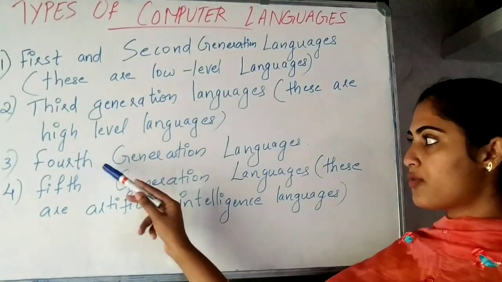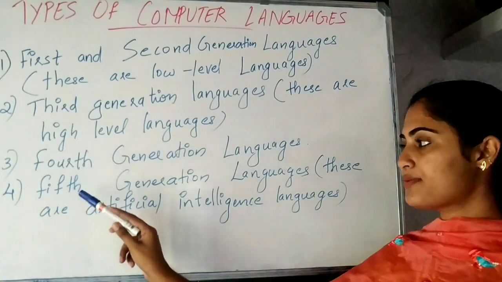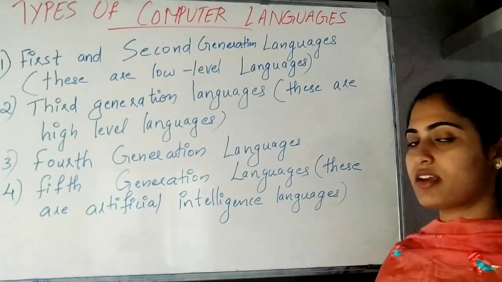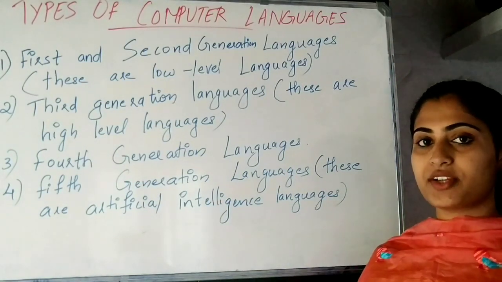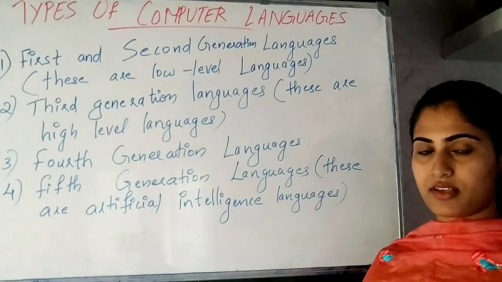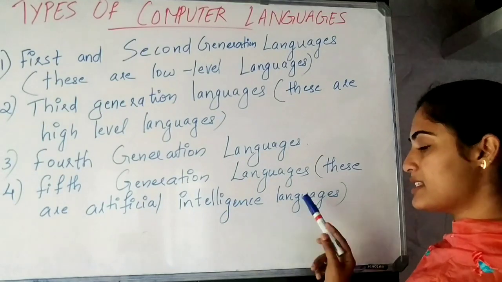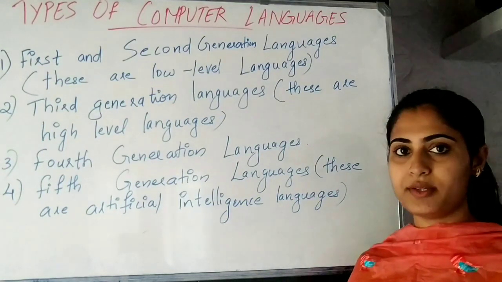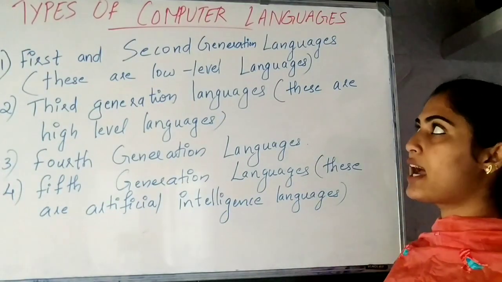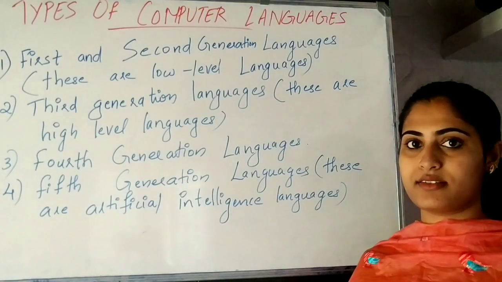Third one is fourth generation languages, and fourth one is fifth generation languages. And in fifth generation, the technology used was artificial intelligence, and so these languages are also known as artificial intelligence languages.